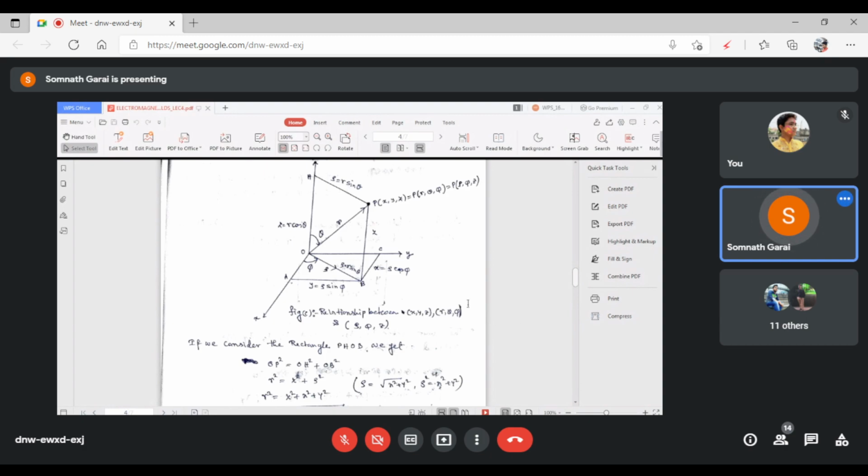If this is an r vector, in the direction of the ar direction, and if the r vector constitutes a theta angle with another vector z, then the vertical component of r will be r cos theta, and the horizontal component of this vector r is equal to r sin theta, right?